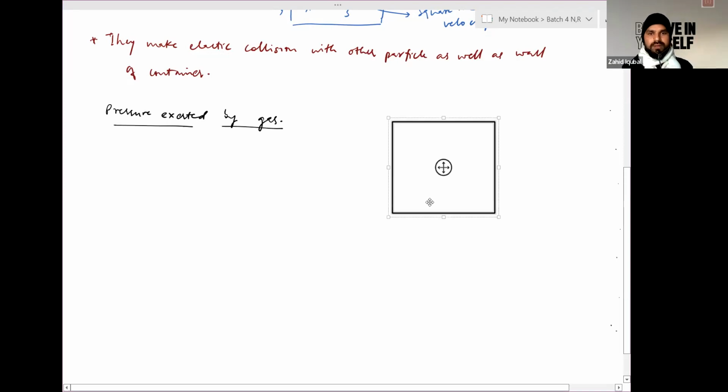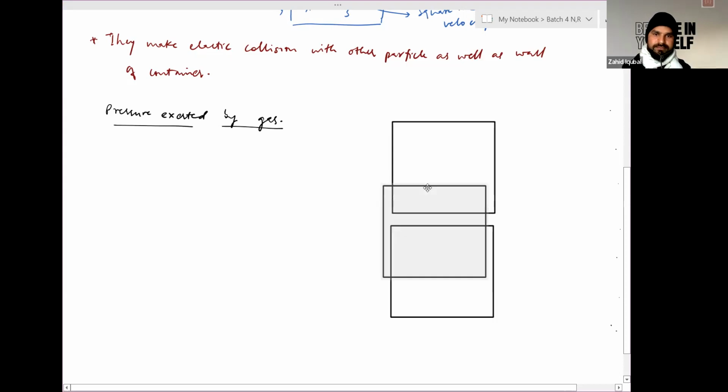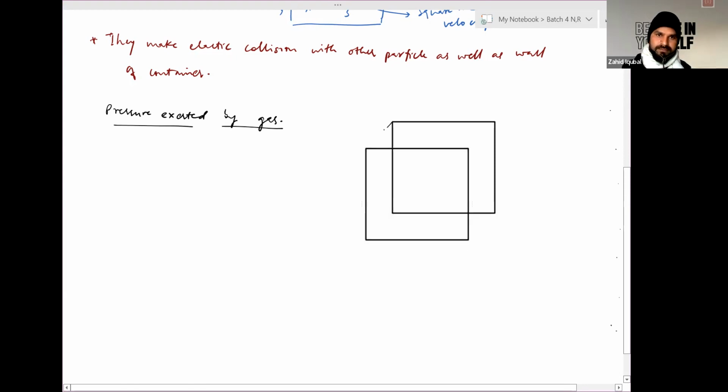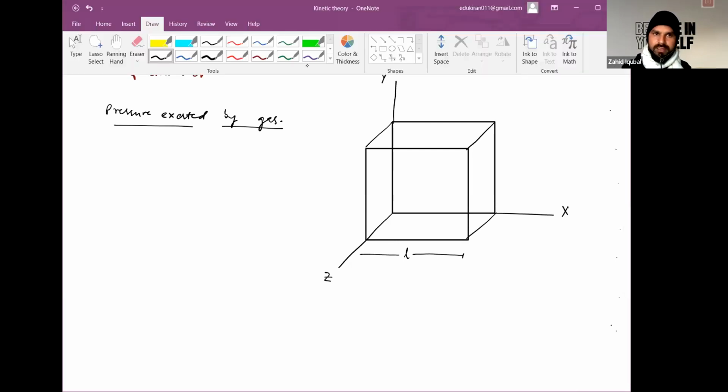Suppose a cubical vessel, let's say this is the x-axis, y-axis, z-axis, having dimension L, in which we have n number of gaseous particles, each of mass small m.